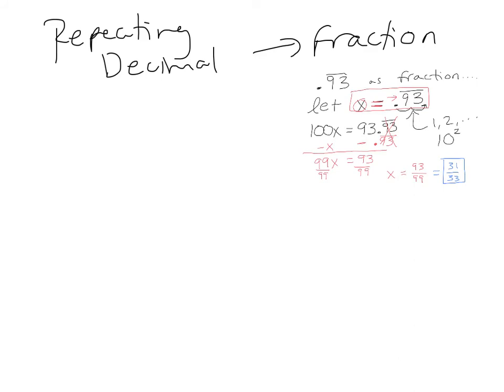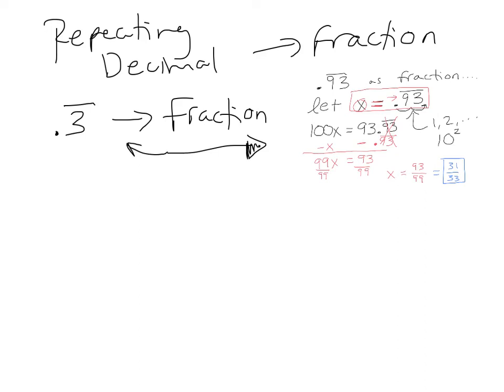Let's try to turn 0.3 repeating into a fraction. Pause the video and see if you can take this process and apply it to this number, 0.3 repeating. Here we go. Well, exactly how many digits are repeating?